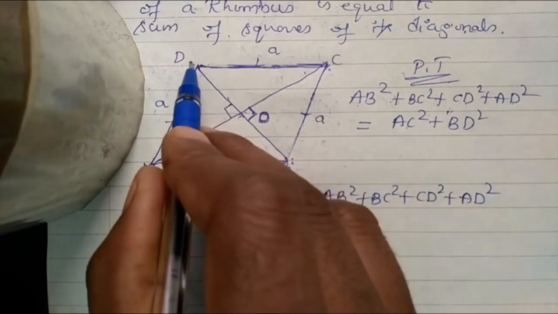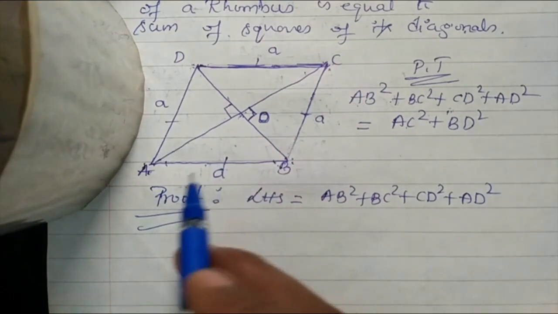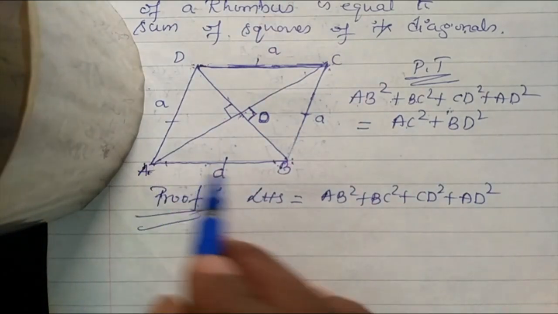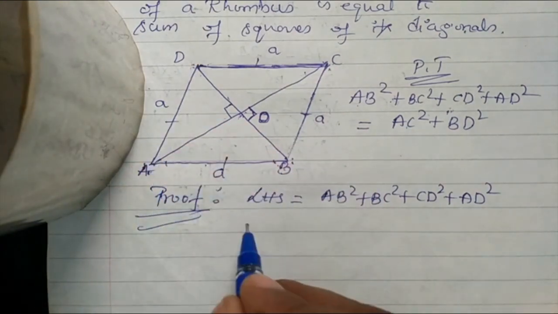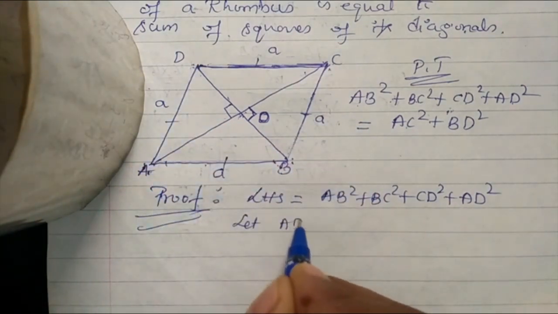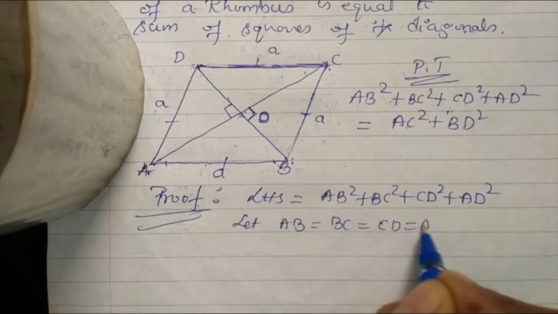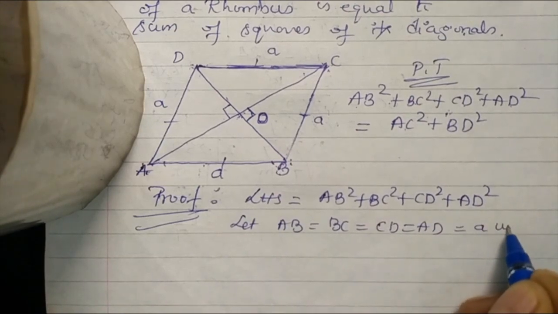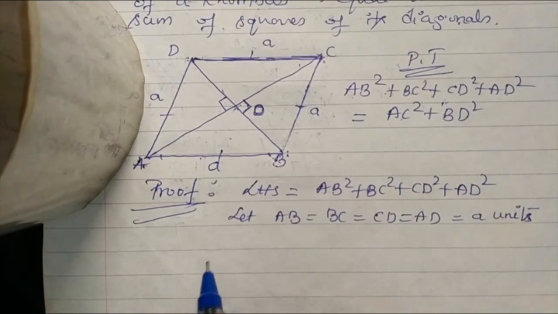B to C, C to D and A to D also the same, because in a rhombus all four sides are equal, right? So let AB equal to BC equal to CD equal to AD equal to A units. We don't know what the length is, we take it as A units.